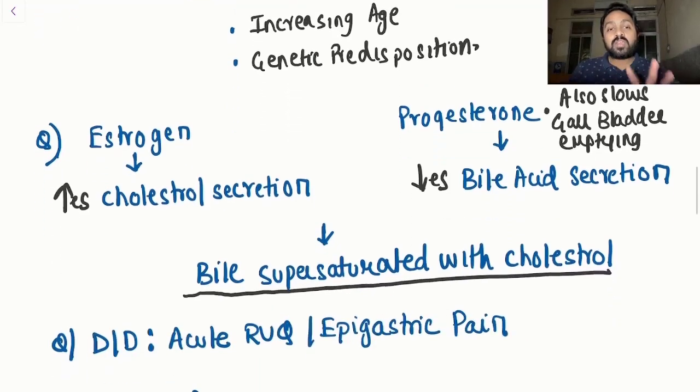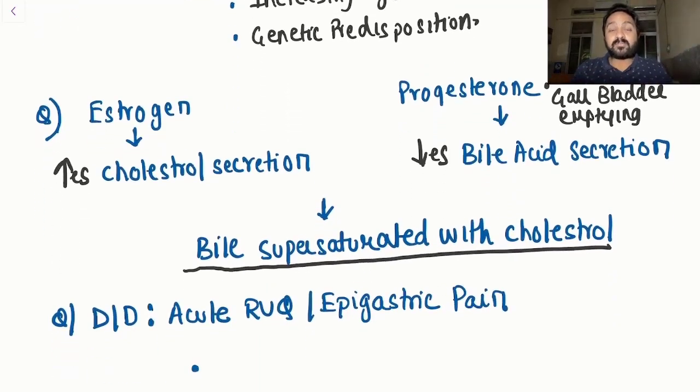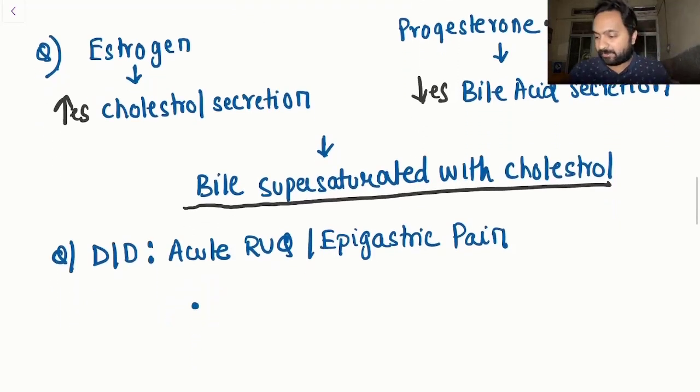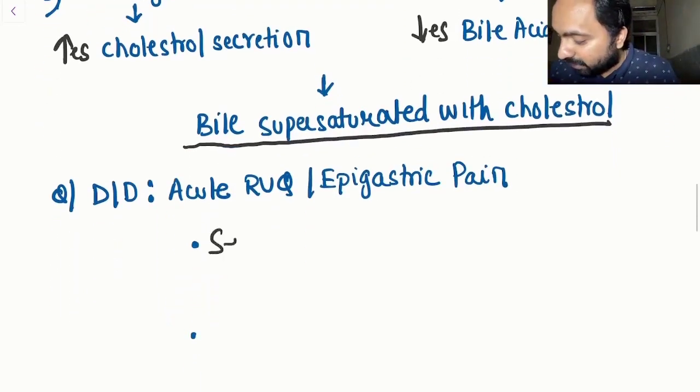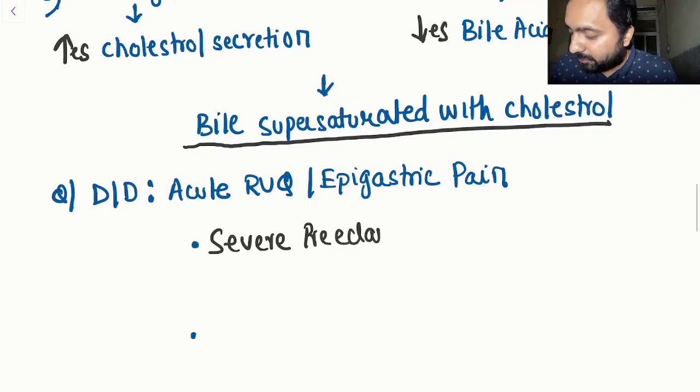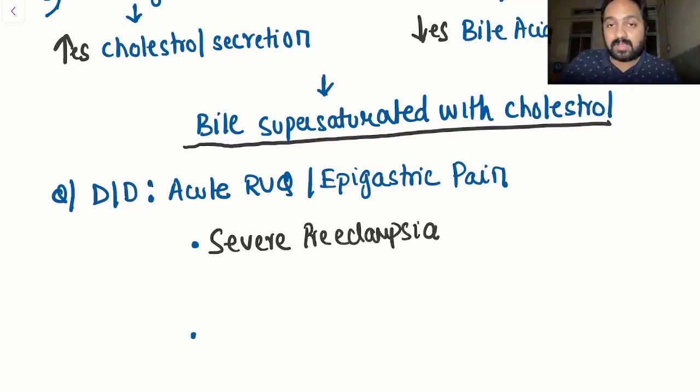What are the differential diagnoses of acute right upper quadrant or epigastric pain, that is, of acute cholecystitis in pregnancy? First and foremost, we have severe preeclampsia and HELP syndrome.